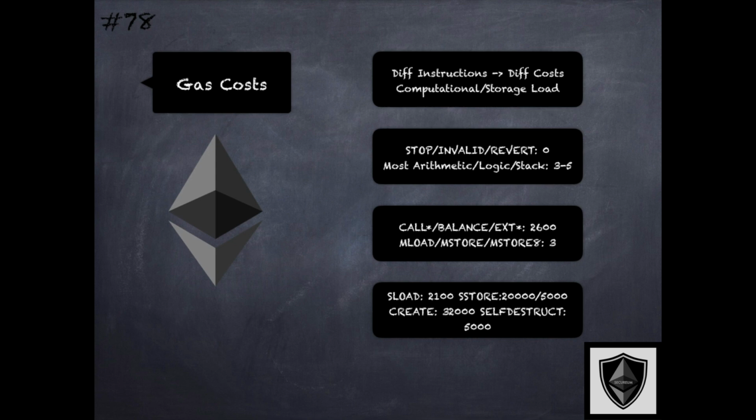So I would encourage you to look at the yellow paper and some of the other articles that have been written around this, some of the EIPs that have been created specifically to address the gas costs of these instructions in some of the most recent upgrades like the Berlin upgrade and even some of the other upgrades, to see why these gas costs were changed for some of these more demanding instructions and the rationale behind it and so on.